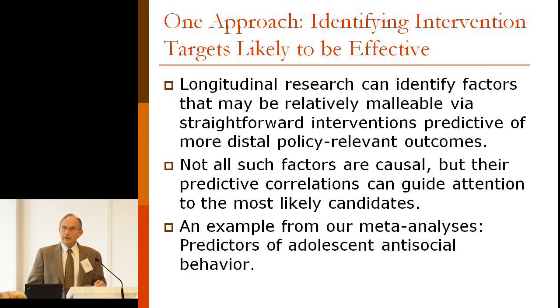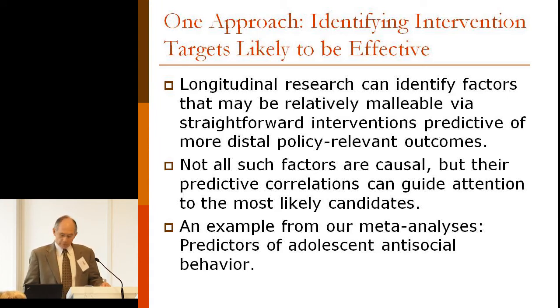Not all of these factors represent causal vectors, of course. We all know correlation isn't causality. What we have to remember is that correlation is a necessary, even though not sufficient, condition for causality. So if there's no correlation, there's not going to be any causality, and we may as well not waste our time focusing on those factors.